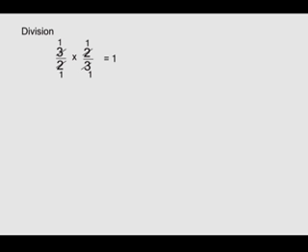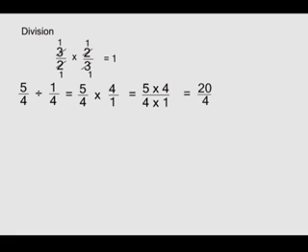When we divide a fraction with another, we take the reciprocal of the divisor and change the division sign into a multiplication one. So 5 over 4 divided by 1 over 4. The divisor is 1 over 4. Its reciprocal is 4 over 1. So we have 5 over 4 times 4 over 1. 5 times 4 is 20. 4 times 1 is 4.